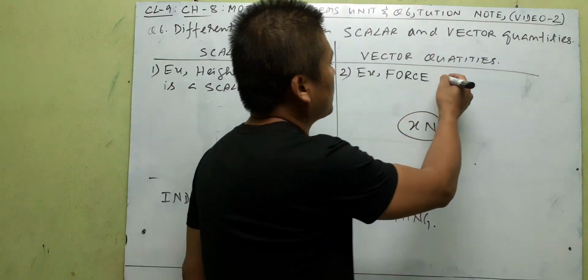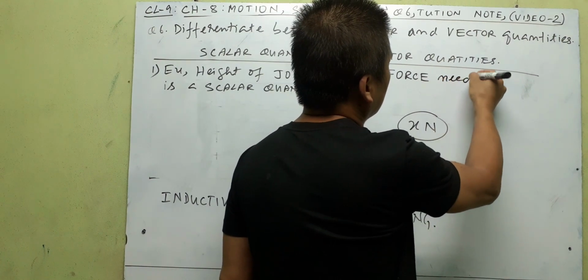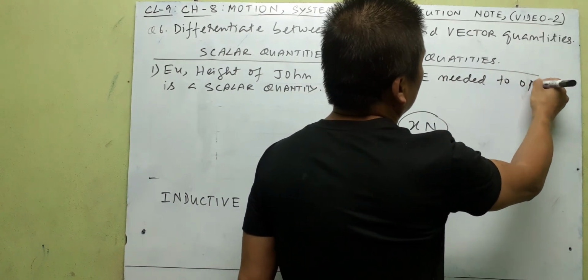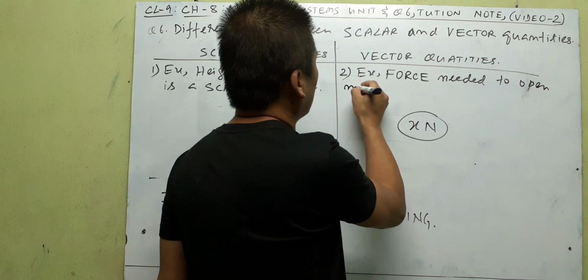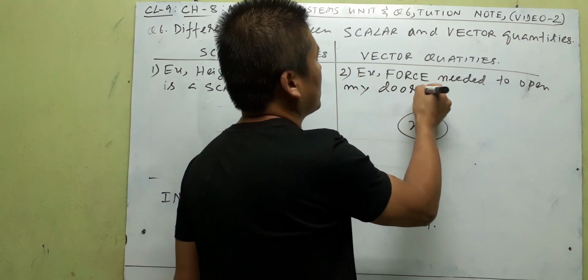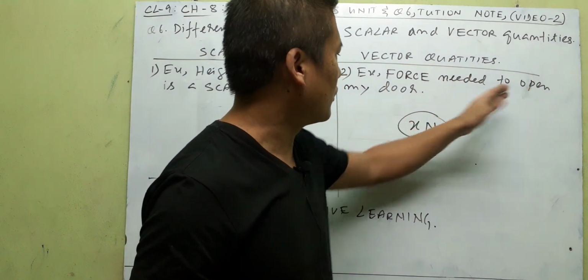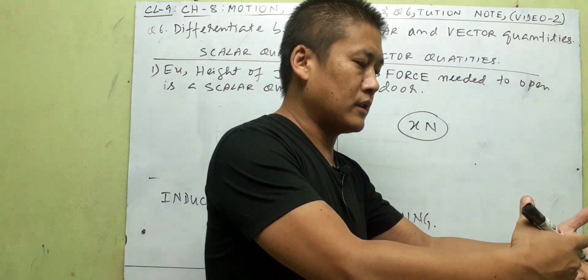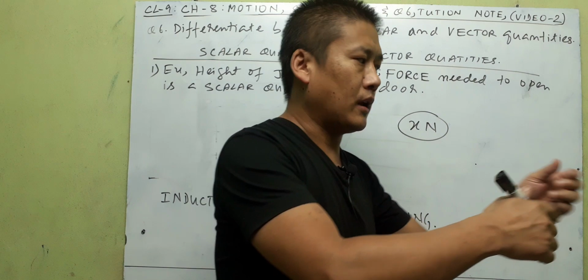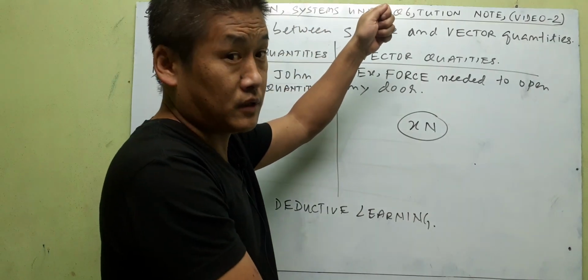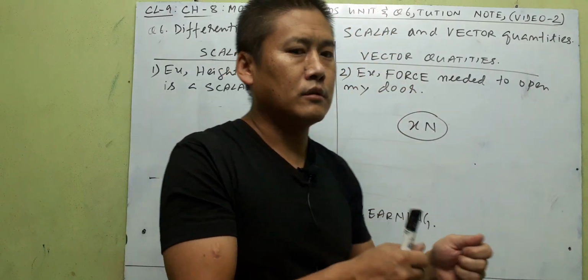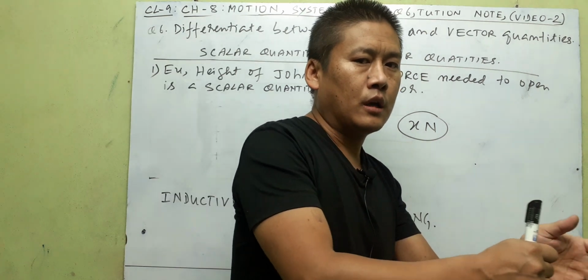So, example: force needed to open my door. Keep it as your door, then it becomes easy for you to understand. The force that you need to open your door is in a particular direction. It's not like any direction you measure the height of John is okay, but any direction you apply the force to open your door is not going to be okay.